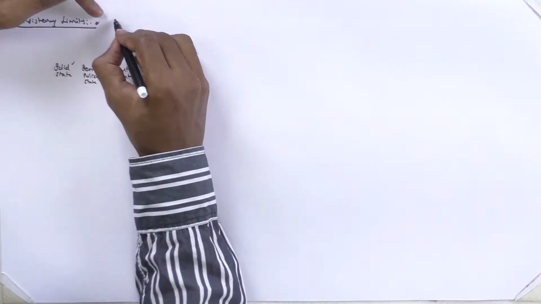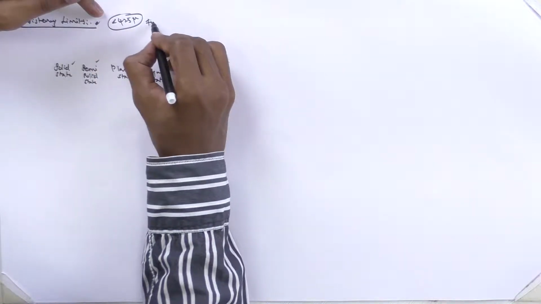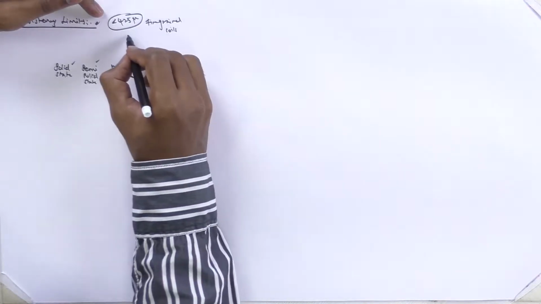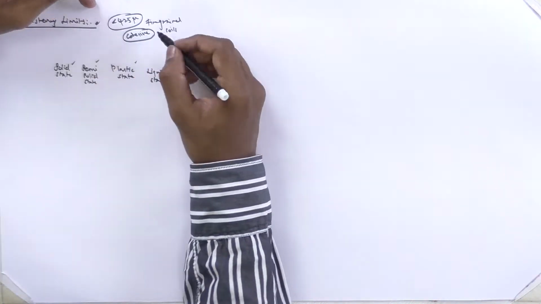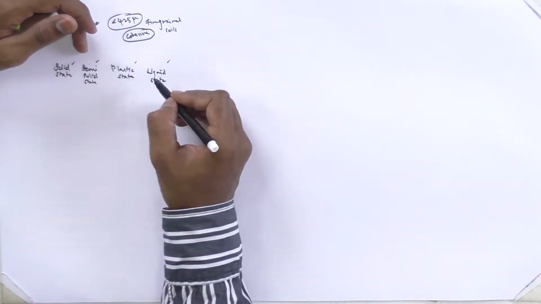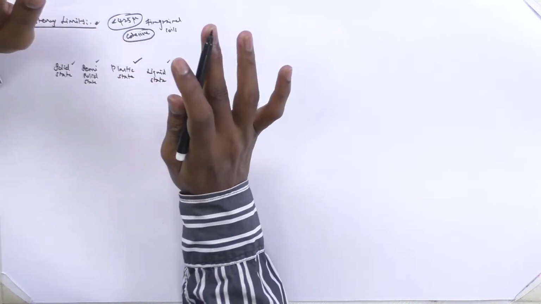This consistency limits concept is applicable for fine-grained soils passing 425 micron, which should be cohesive in nature. Only cohesive soils are applicable. Among these four different states, I can explain the plastic state clearly.